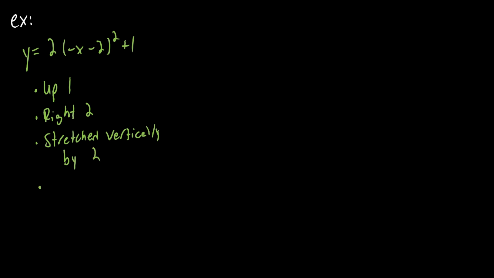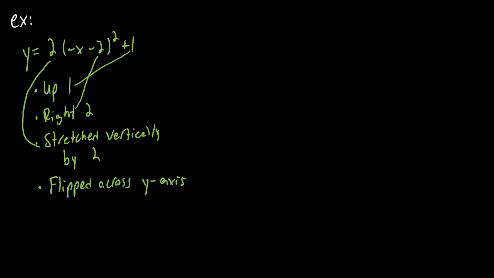And for that negative sign, that is flipped across the y-axis. So that's that, that's that. Stretch vertically, that is that. And the flip is that negative sign right there.